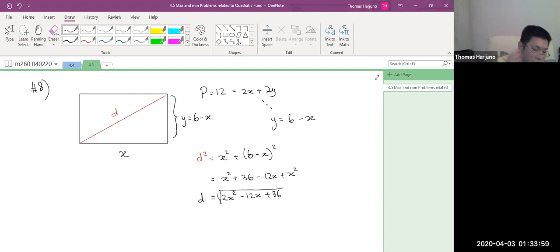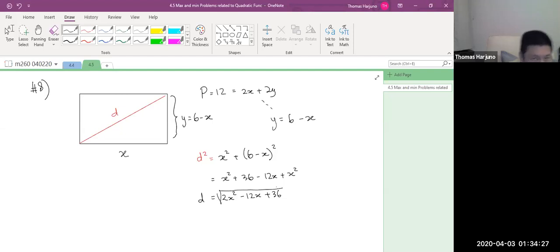Now, if you are writing this down, let me ask you to write that far at least. We don't know how to deal with radical functions.